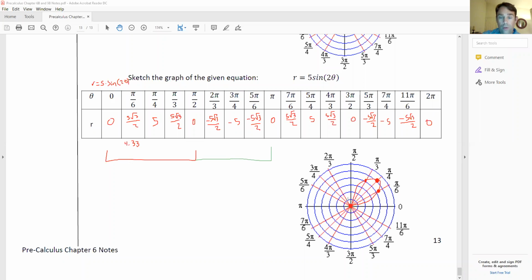So at 2 pi over 3, I'm going back to negative 4.33. And then I'm at negative 5. And then negative 4.33, and pi brings me back to 0. So now for the graph from here, I have a negative radius, so I shot past the pole, and I'm going backwards on this part.